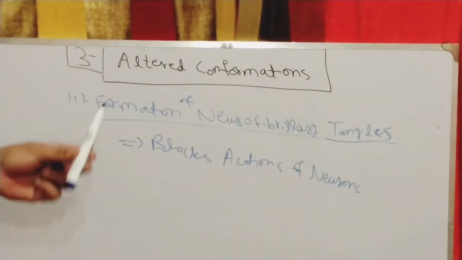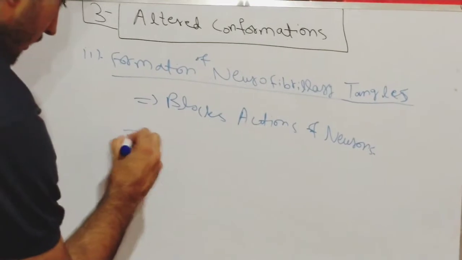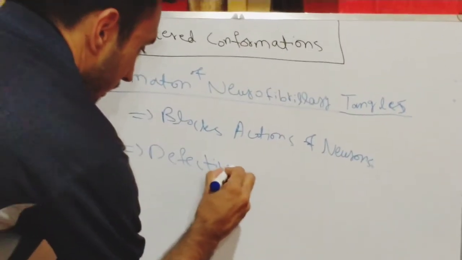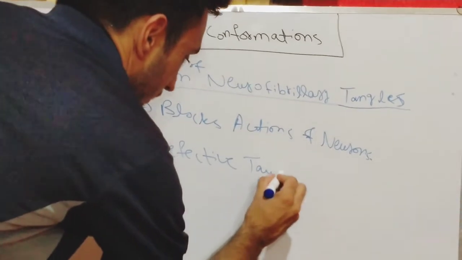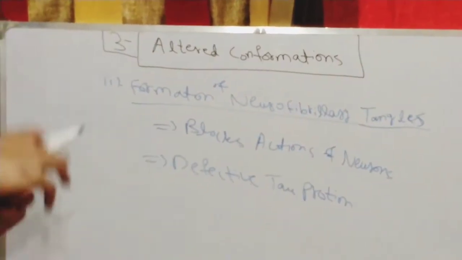And what causes this formation of neurofibrillary tangles? This is due to the defective tau protein. This defective tau protein causes the formation of neurofibrillary tangles, which cause the Alzheimer disease.